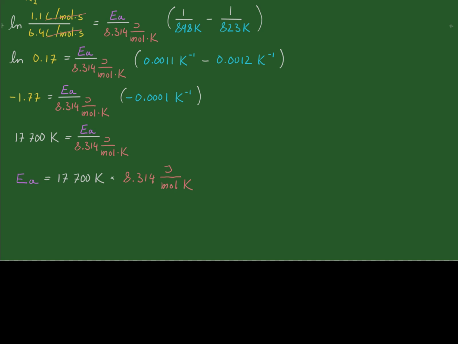And we can see that the units will cancel, Kelvin and Kelvin will cancel, and I will be left with activation energy of, pardon me, let's multiply that, 8.314 multiplied by 17,700 is 147,158 joules per mole, or I could round that and I could say it equals 147 kilojoules per mole.